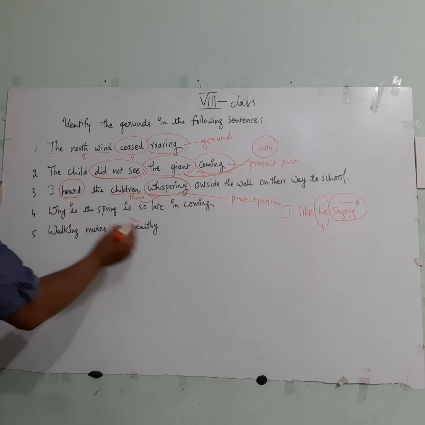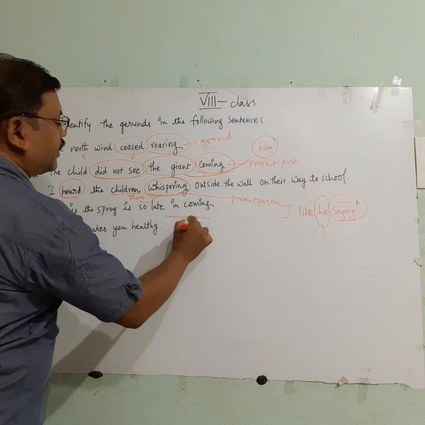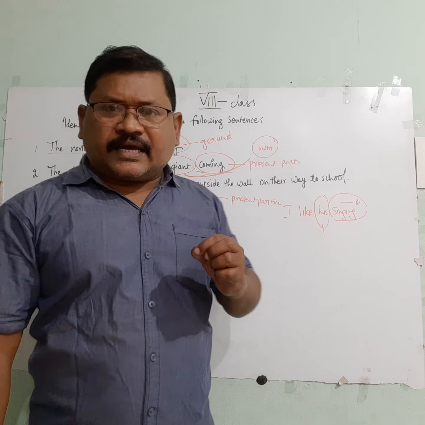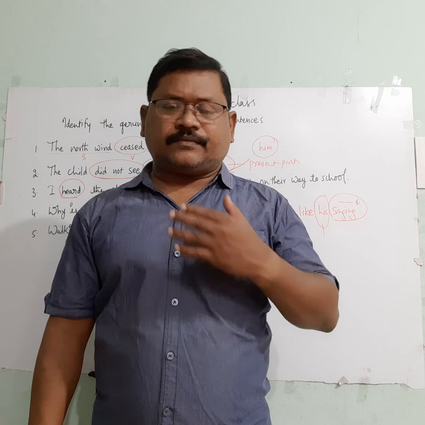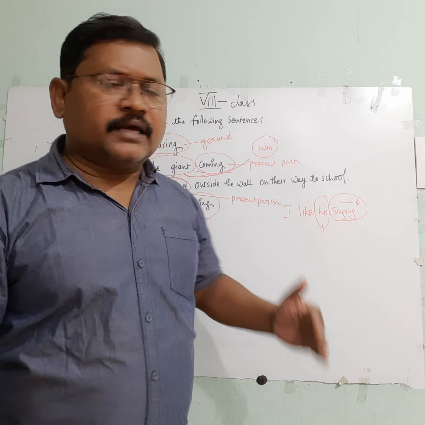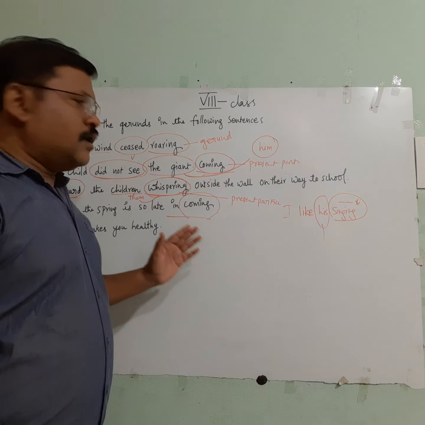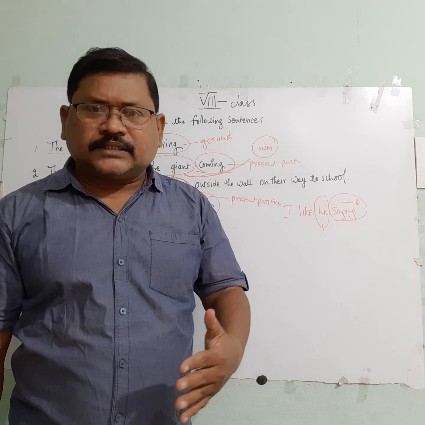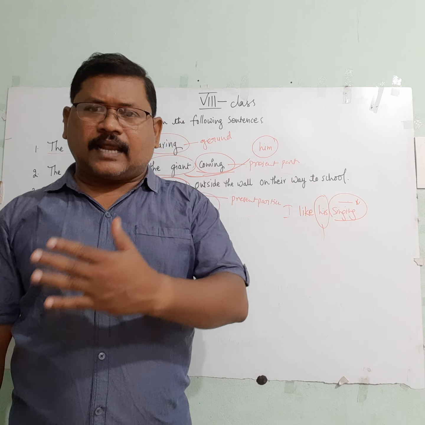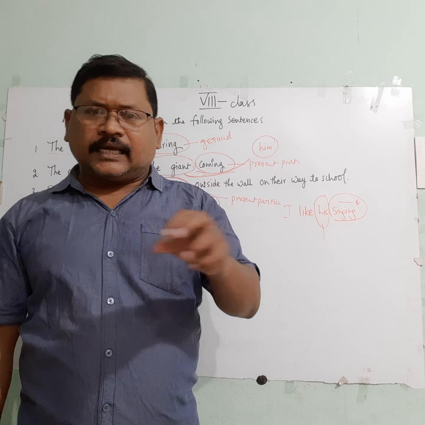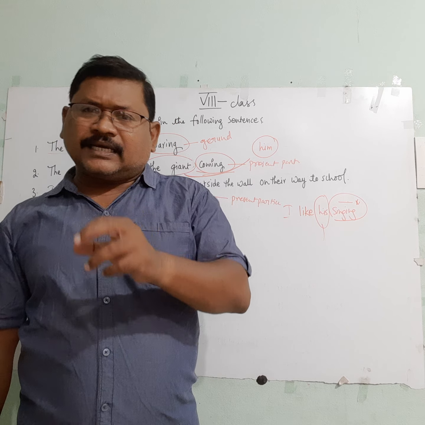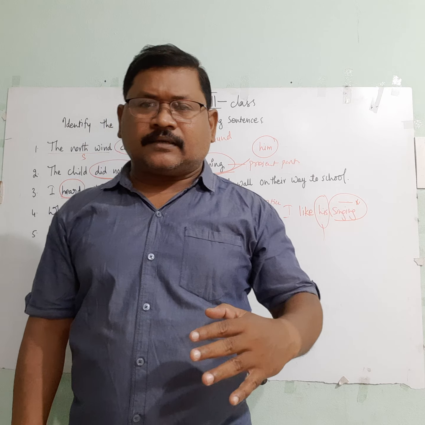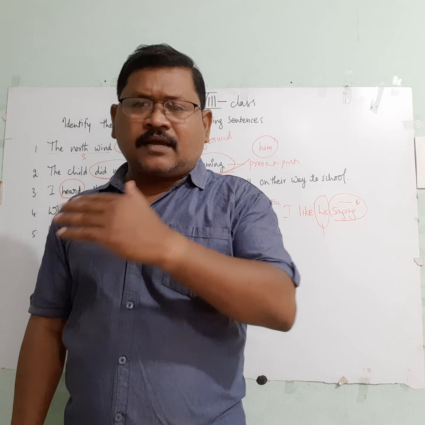Next, why is the spring so late in coming? Here in the coming, if the V1 ing is followed by a preposition, then it will be called gerund. Is interested in telling stories. In is the preposition. Telling is the gerund. And she believes in praying to God.